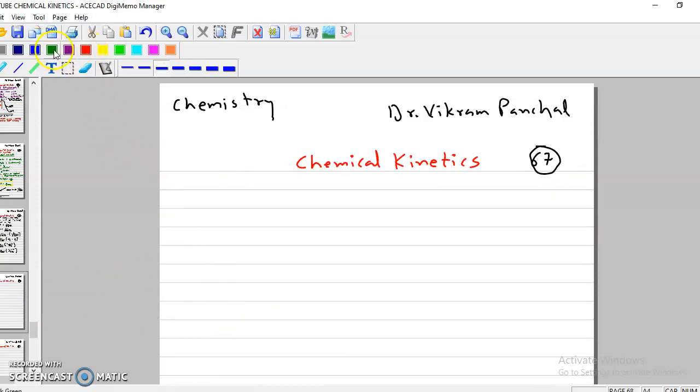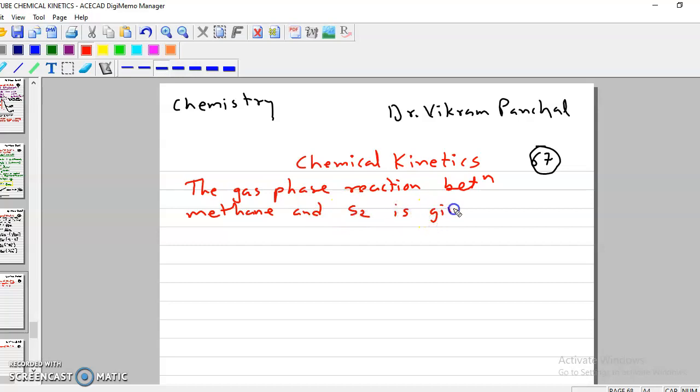Let us take one example so you come to know. The gas phase reaction between methane and sulfur is given: CH4 gas plus S2 gas gives CS2 gas plus H2S.